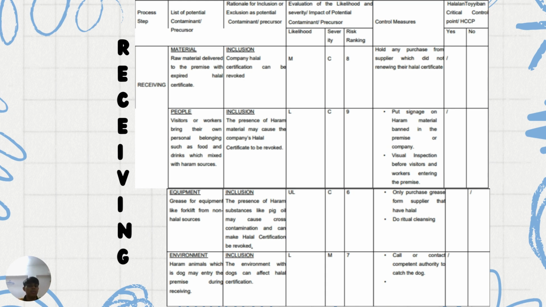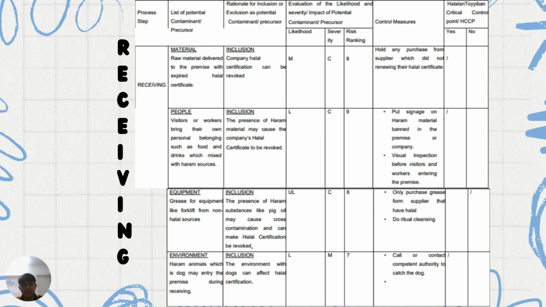Now we move to the equipment. Grease for equipment like forklift from non-halal sources. The presence of haram substance like pig oil may cause cross-contamination and can make halal certification be revoked. This is an unlikely event, but even if it is unlikely, it is still a critical severity, and this risk rank is 6.